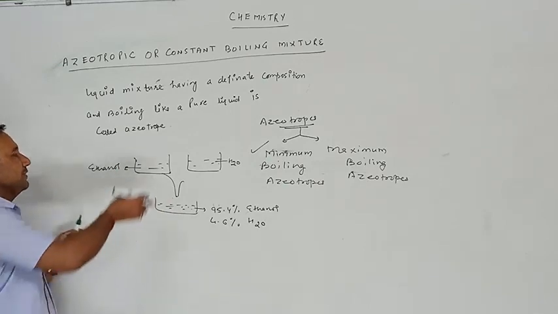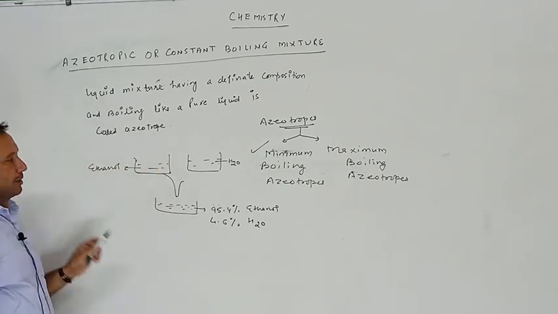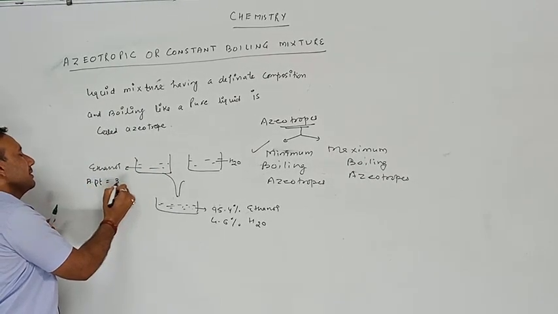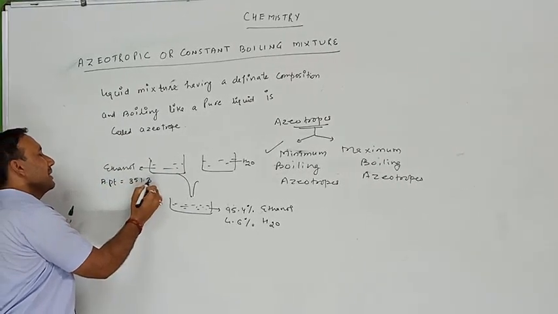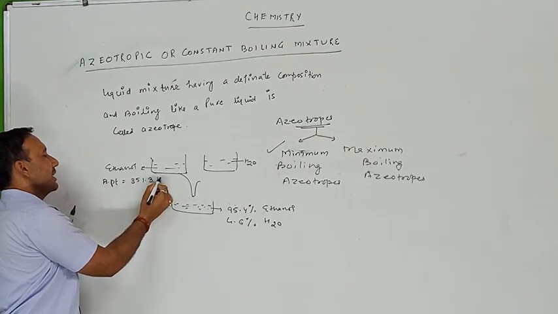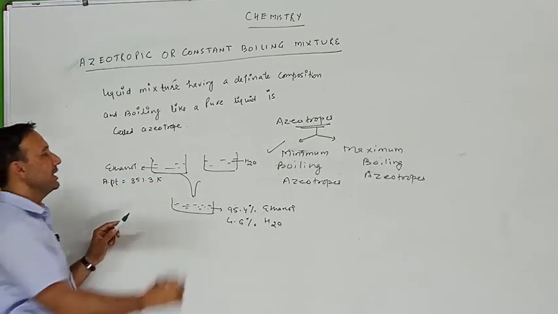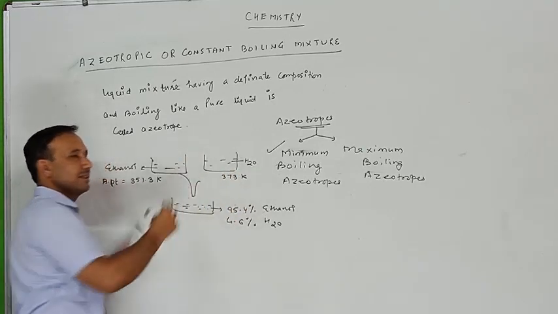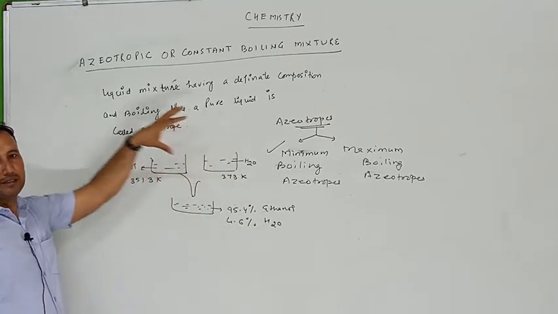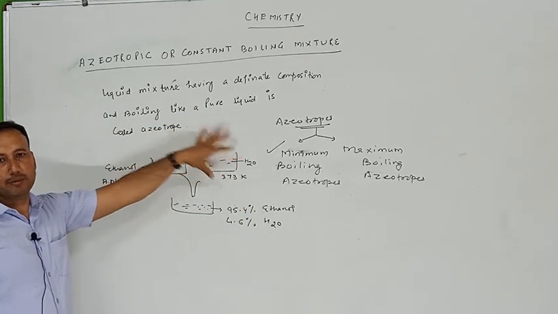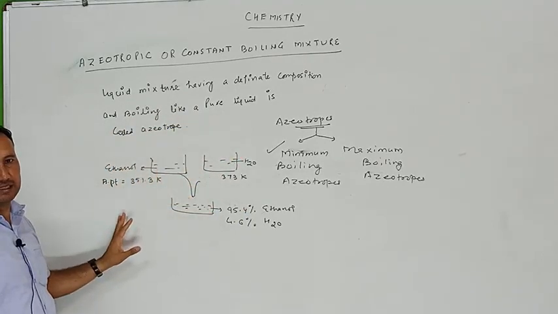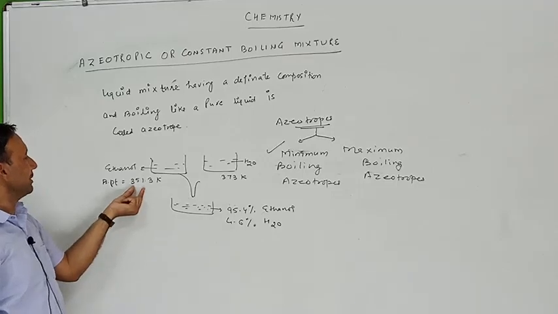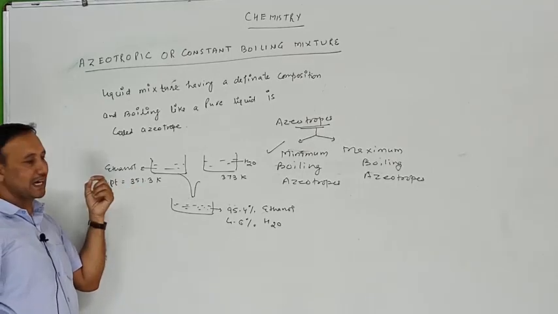Because the boiling point of ethanol is 351.3 Kelvin and the boiling point of water is 373 Kelvin. These two pure liquids have different boiling points. Water has 373 Kelvin and ethanol has 351.3 Kelvin.